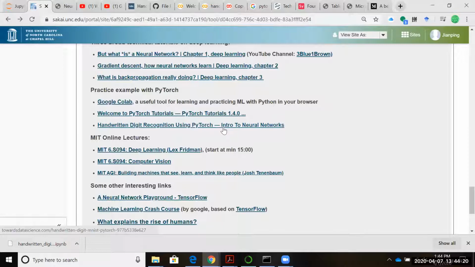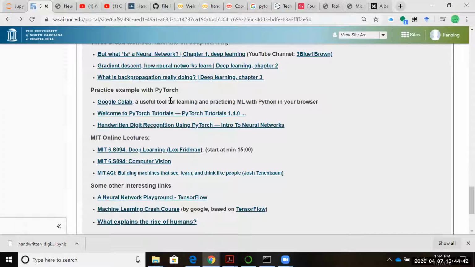I'm going to do this together with you in the next two lectures, and so I want you at least to take a look at Google Colab. Google Colab is nearly just like Jupyter Lab or Jupyter Notebook, but you don't need to have a local version of Jupyter running.